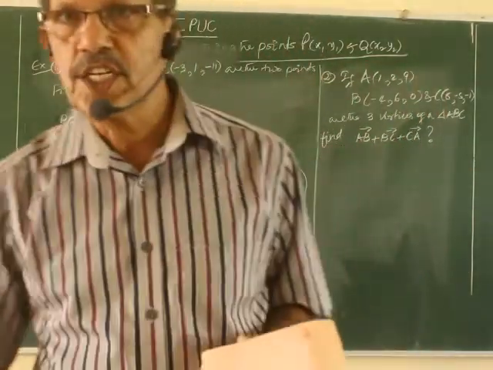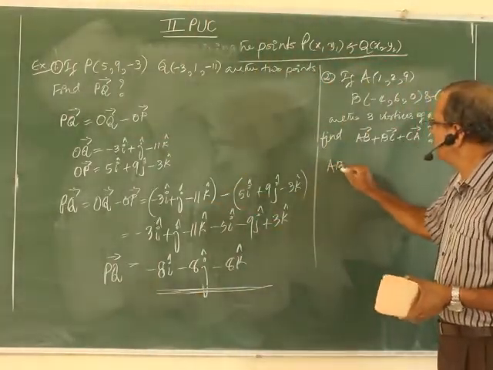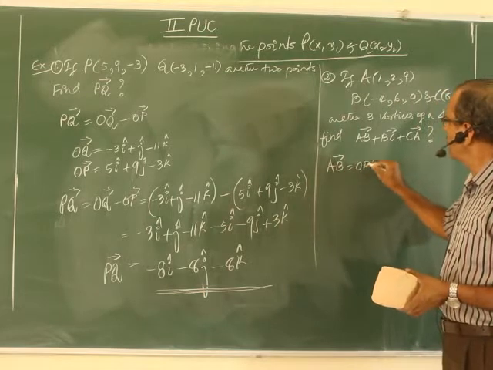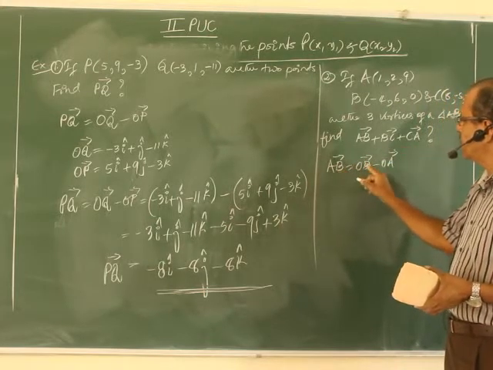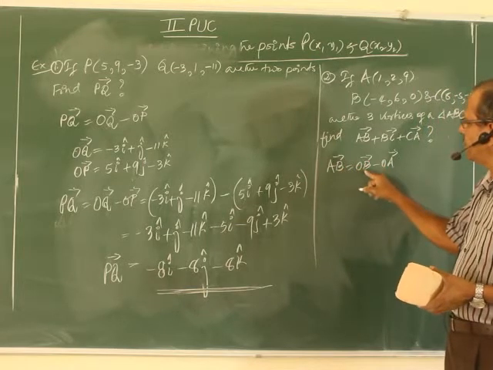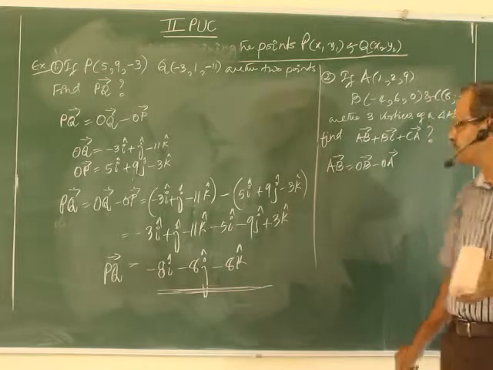Use the previous method. First, let me find AB. It is OB minus OA: the position vector of the end point first, minus the position vector of the initial point.